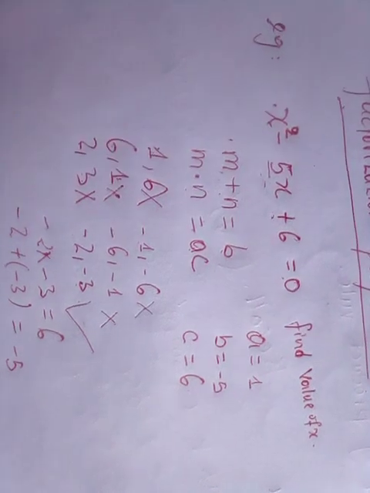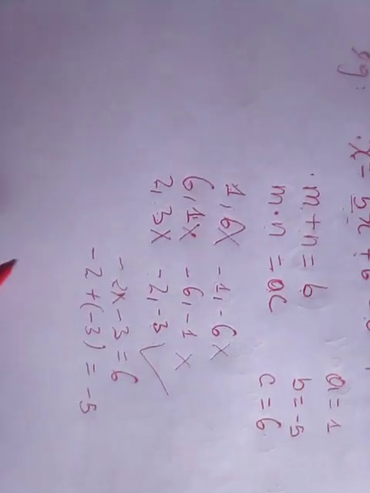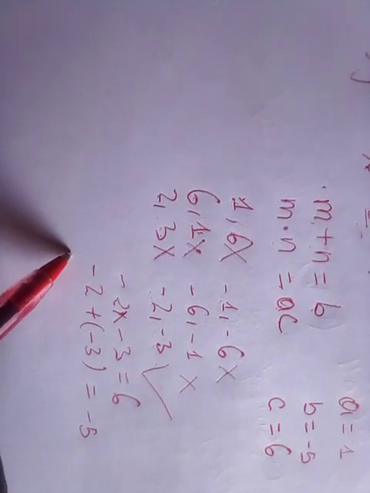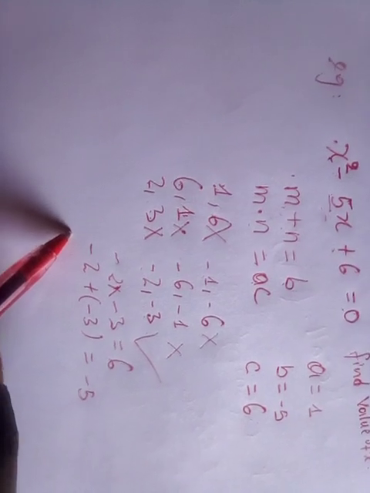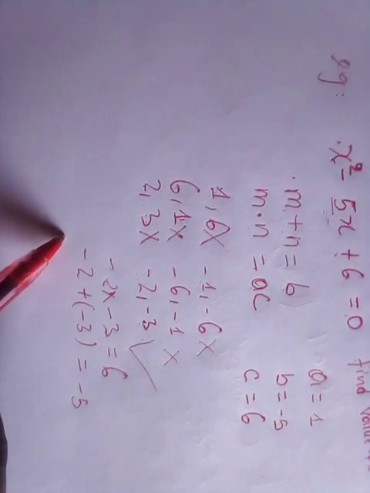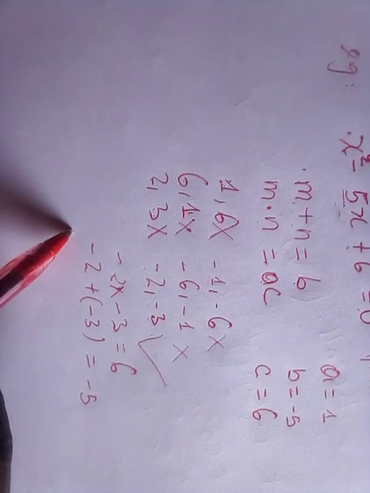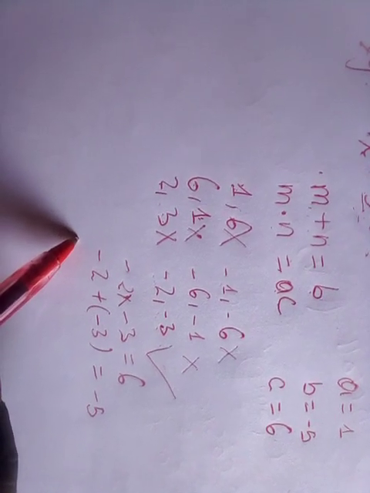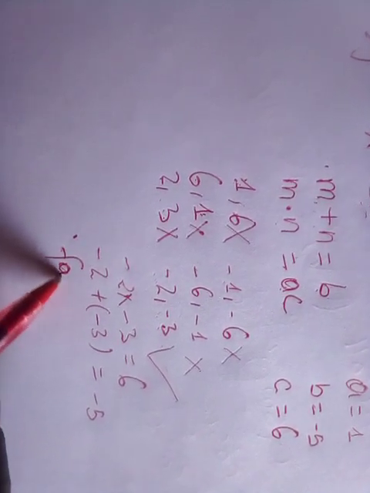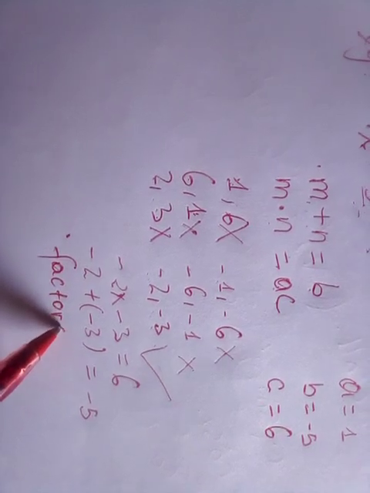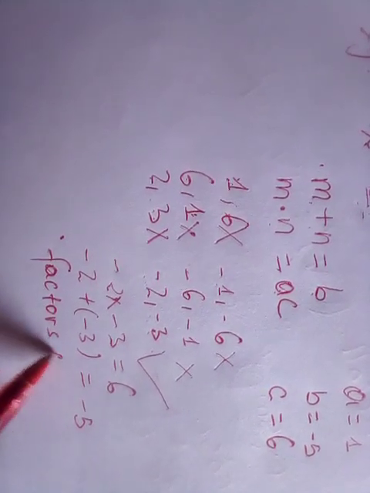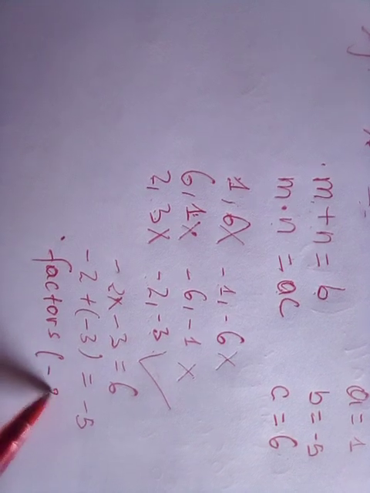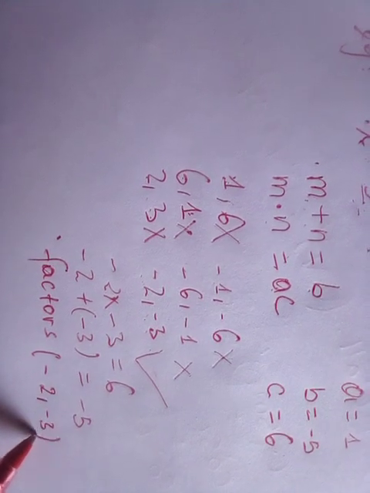So here we are going to use these factors. I have shown you the tricks you can use to find the factors. So our numbers are negative 2 and negative 3.